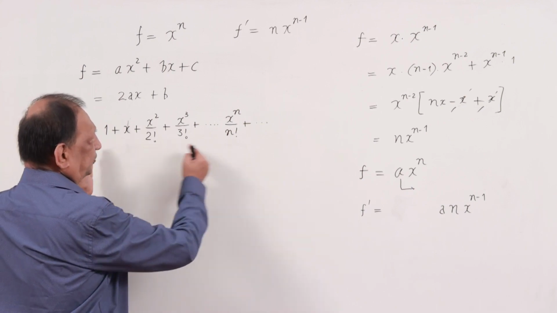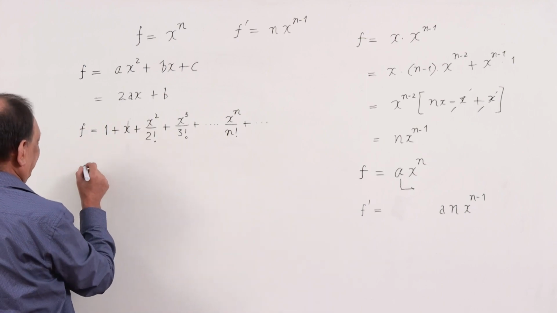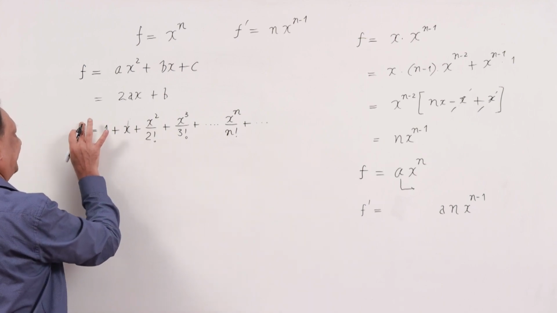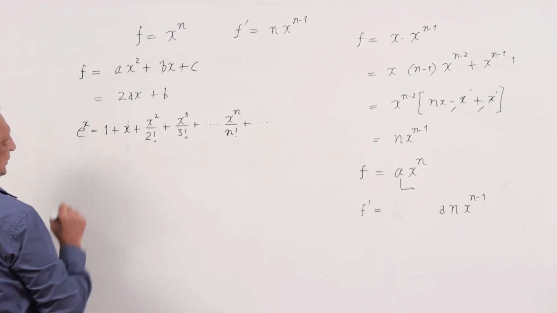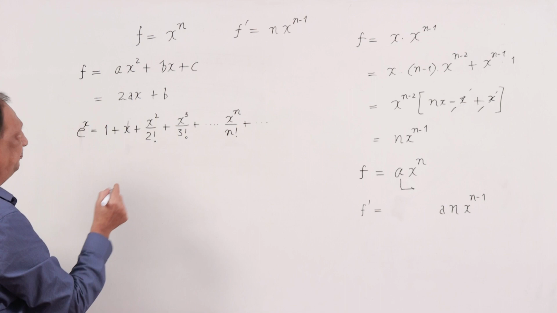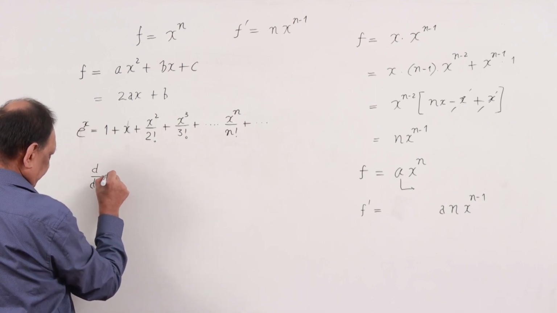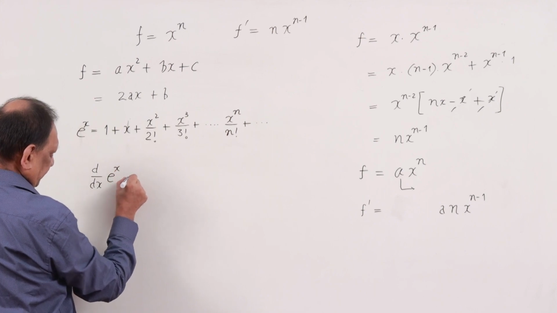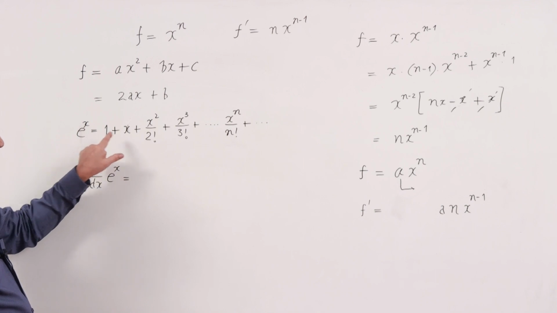I got a sum of so many terms, we derive individual terms and add. So what is df by dx? In fact, this f is really e power x. E power x is this sum. So what is d by dx of e power x? First is a constant, 1 is a constant, so it is 0.